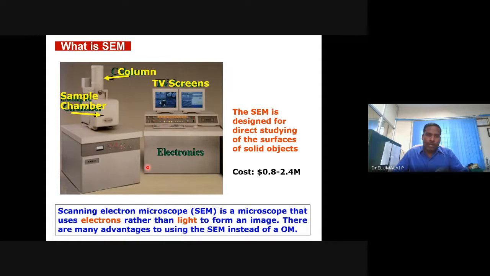If you want to add many other accessories, it ranges from even 5 crores to 7 crores. So fortunately, we have one such equipment in the university. And there is a much finer equipment. At the end of this lecture, maybe this class or next class, I will tell about another electron microscope. We will be studying at least 2-3 microscopes. You'll have to pardon me.